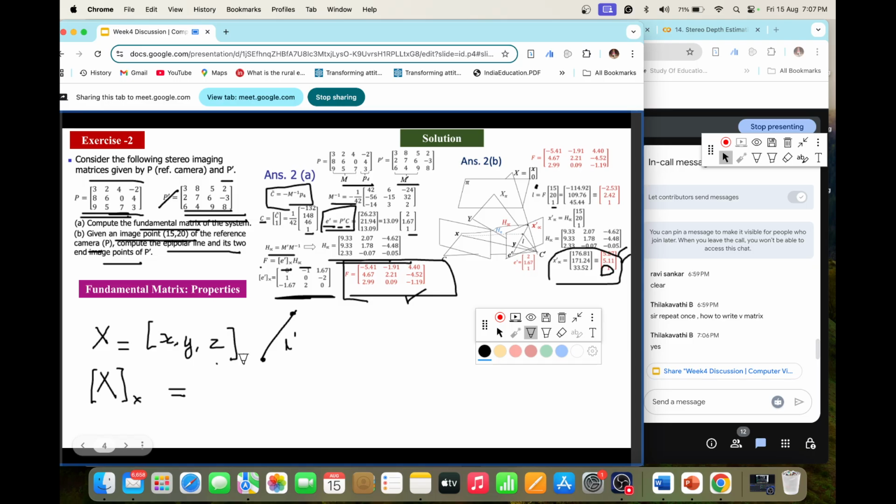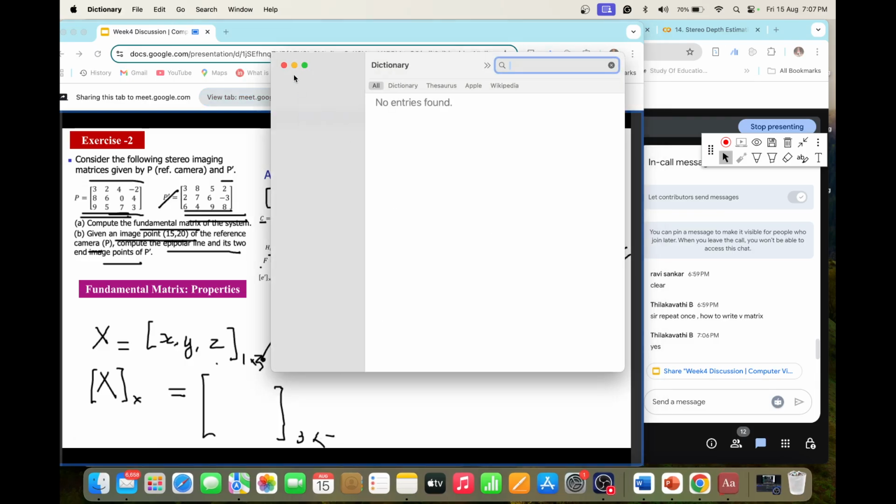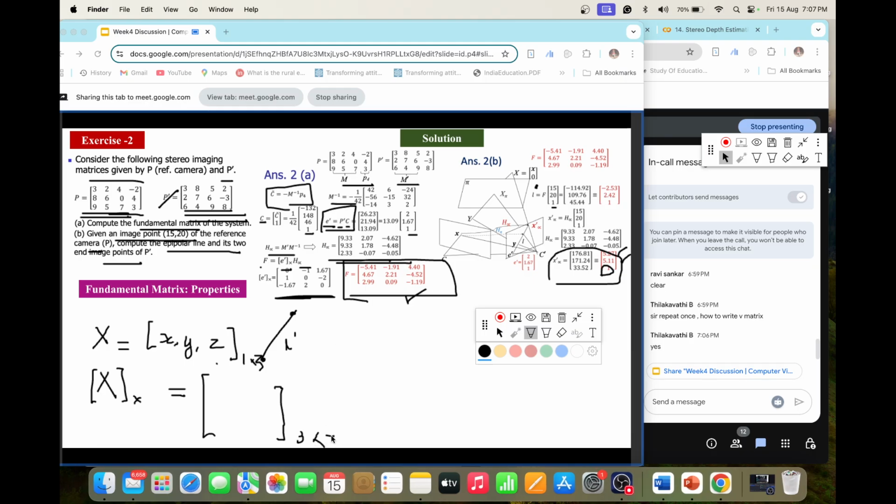Actually it is 1 cross 3 here. Now we will be converting it to a 3 cross 3 matrix, because then only we can have a skew symmetric matrix. So x, y and z are the 3 elements. Virtually you can understand like this.